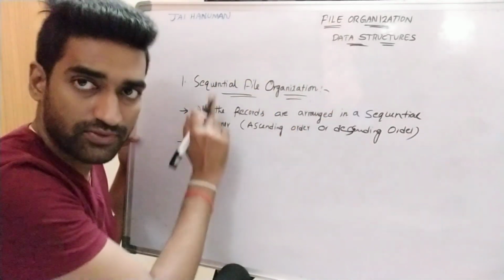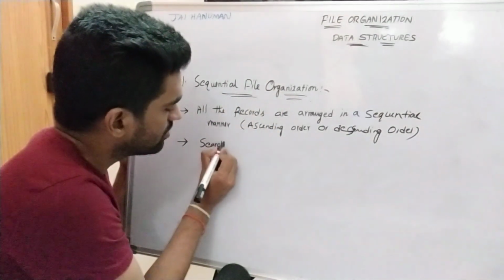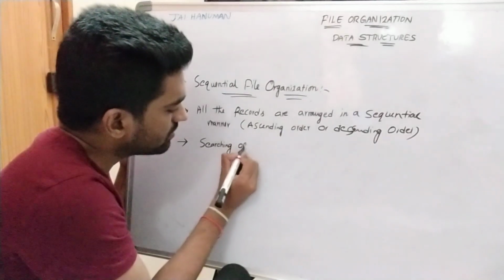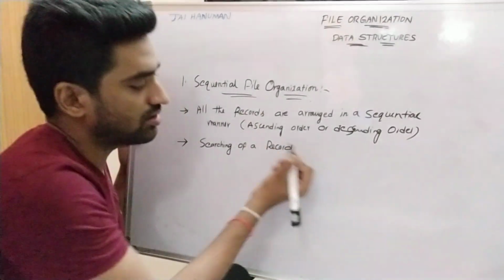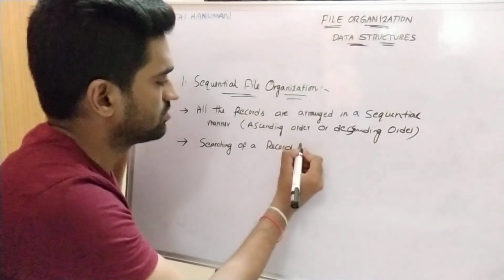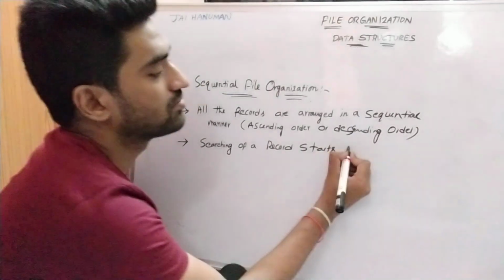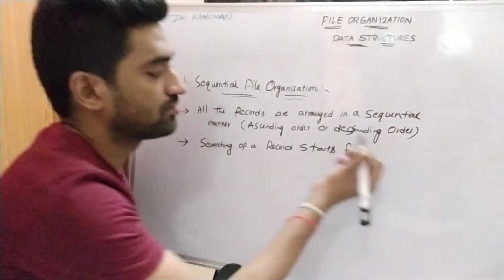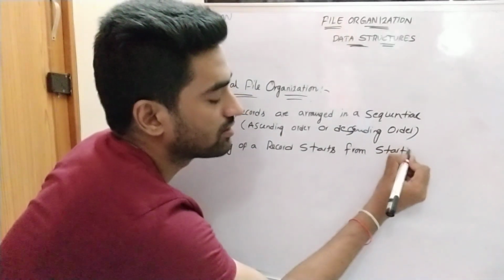So in sequential file organization, searching of a record starts from the starting of a file.